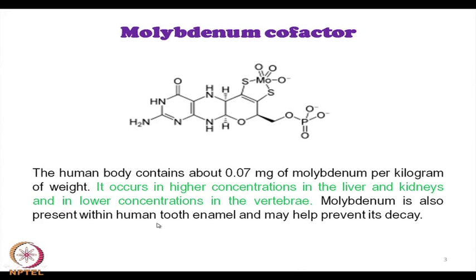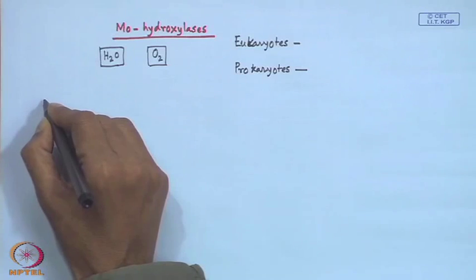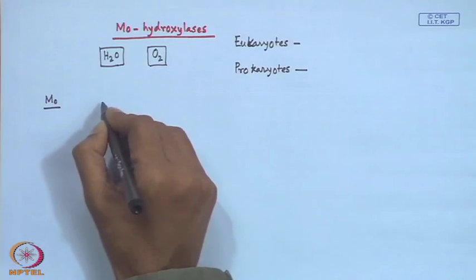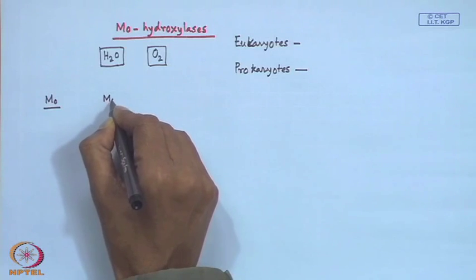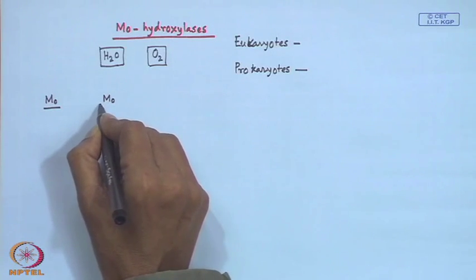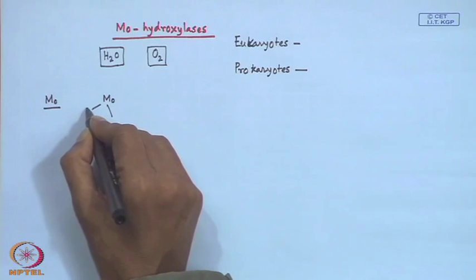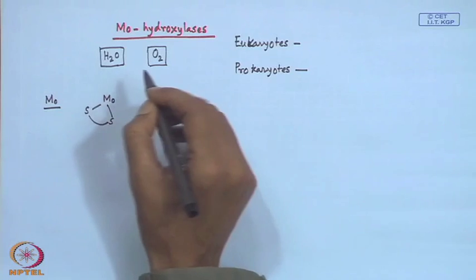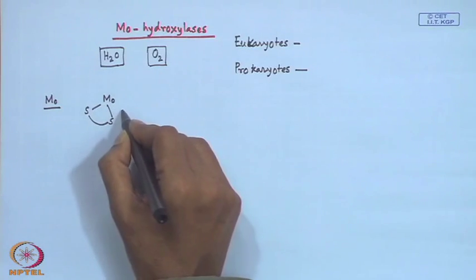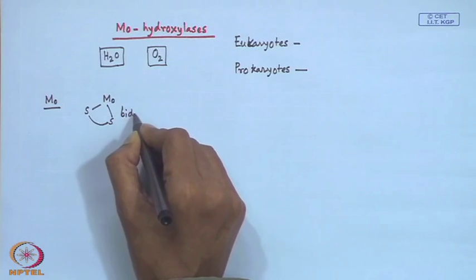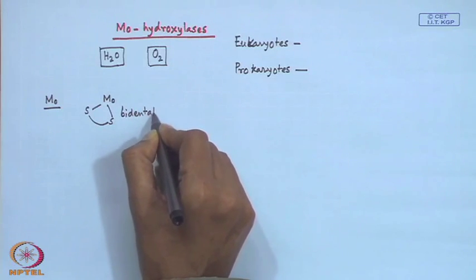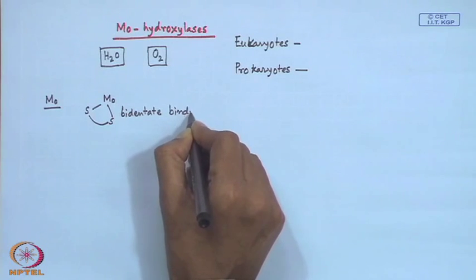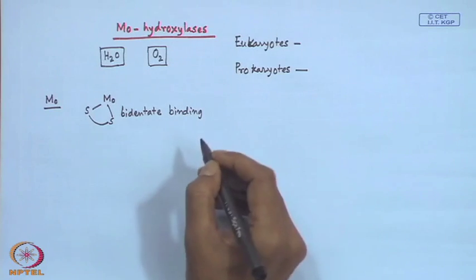So, when we identify that this particular molybdenum is at least bound to a dithiolate system, it is a bidentate binding from the organic ligand part.